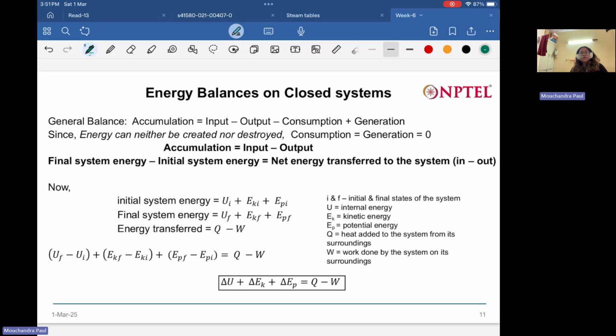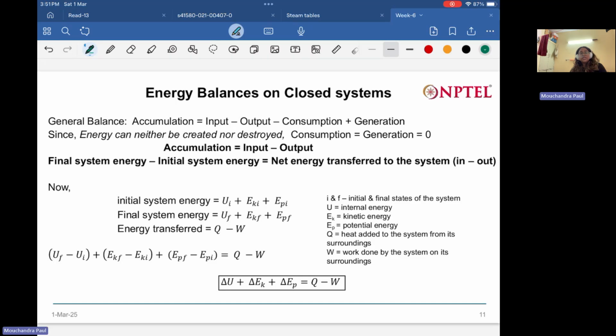But energy, on the other hand, can be exchanged from the system to surrounding in a closed system. Energy in the form of heat, work can get exchanged. Which is why we will study energy balances for both closed system as well as open system.